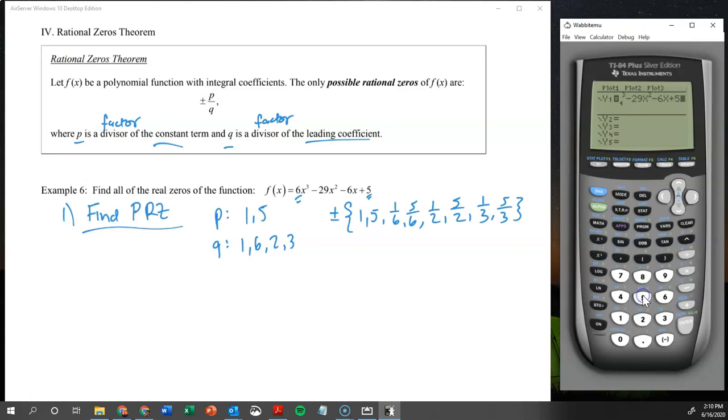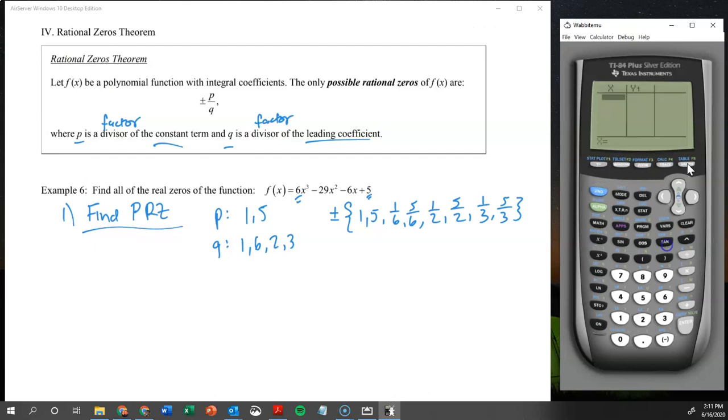Then I'm going to go to the second window screen. You should be seeing this on your calculator if you're using a TI-84. I'm going to change the independent variable from auto to ask, hit enter so that it is selected, and leave the dependent variable on auto.